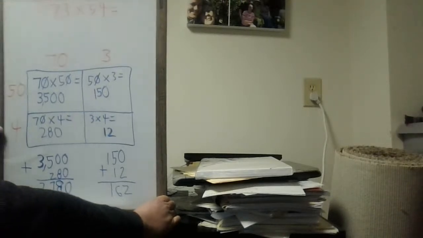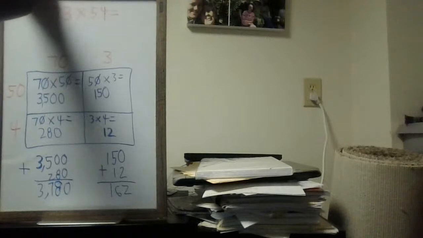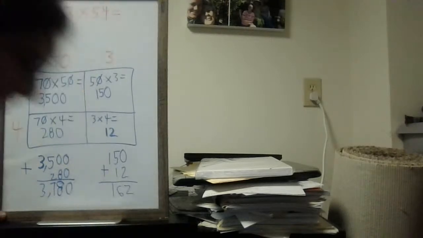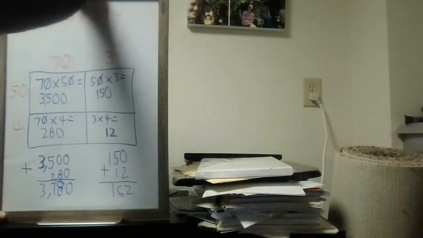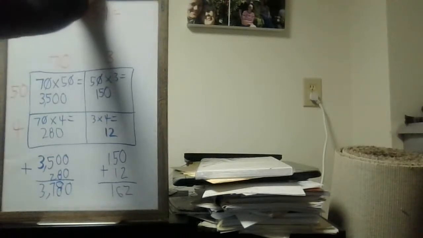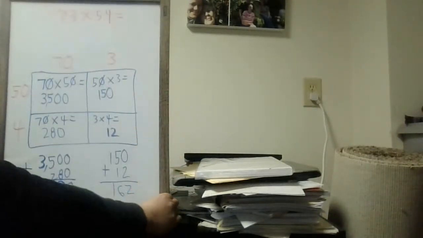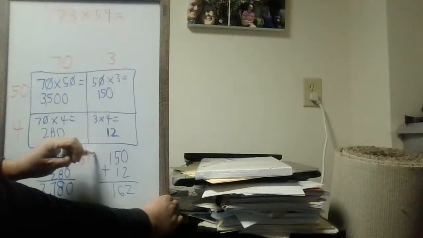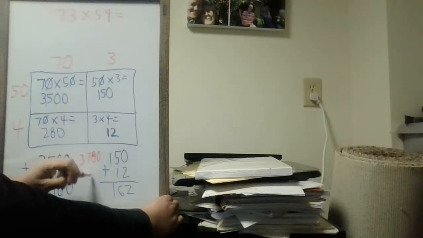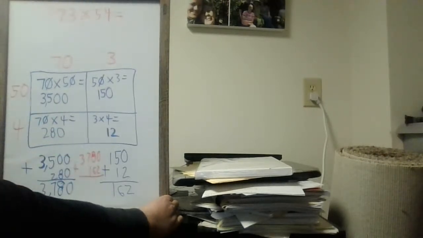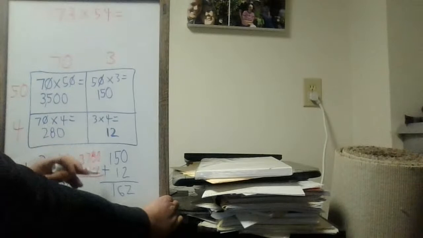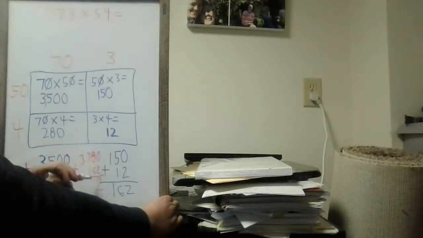All right, so now, final step, I got to add the two sums together. I got to add together 3,780 plus 162. 0 plus 2 equals 2. 8 plus 6 equals 14.